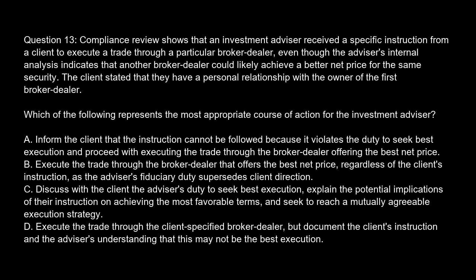Option C. Discuss with the client the advisor's duty to seek best execution. Explain the potential implications of their instruction on achieving the most favorable terms, and seek to reach a mutually agreeable execution strategy. Option D. Execute the trade through the client's specified broker-dealer, but document the client's instruction and the advisor's understanding that this may not be the best execution.